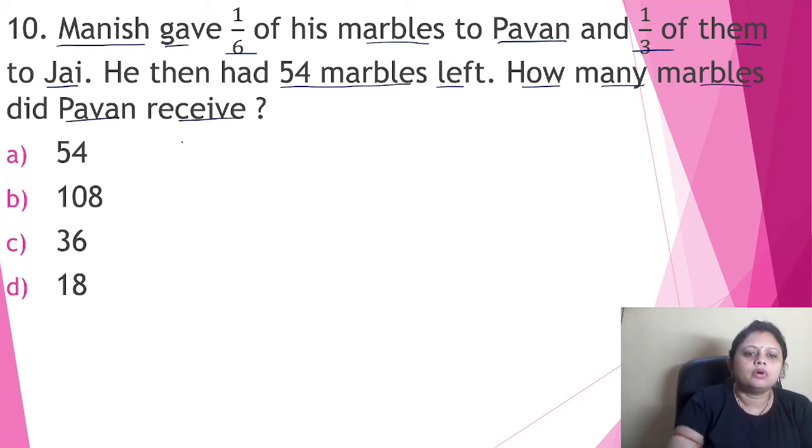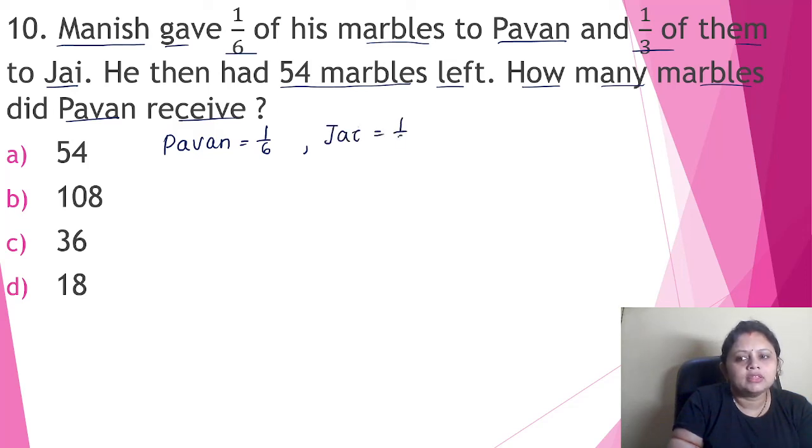Okay, so Manish has given Pawan 1 by 6 of the marbles and Joy 1 by 3 of the marbles. So Manish gave what fraction of marbles to Pawan and Joy? That is 1 by 6 plus 1 by 3.